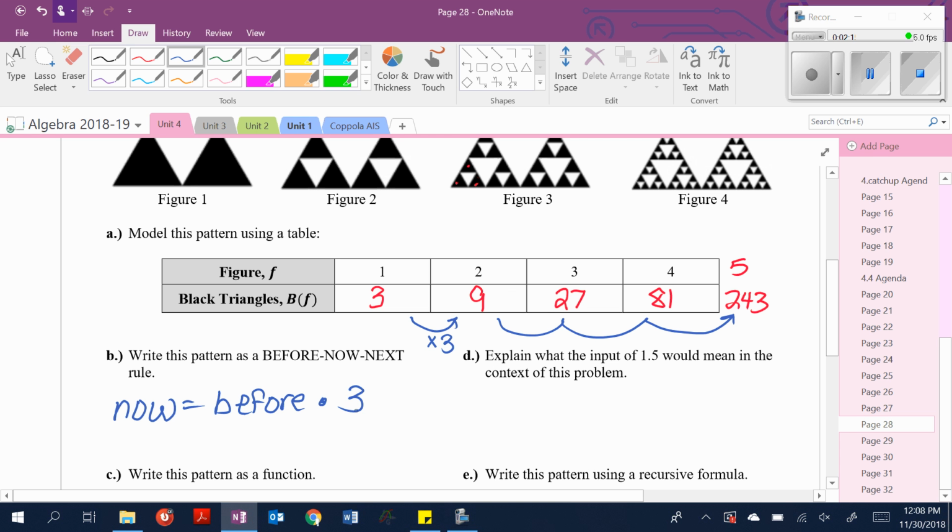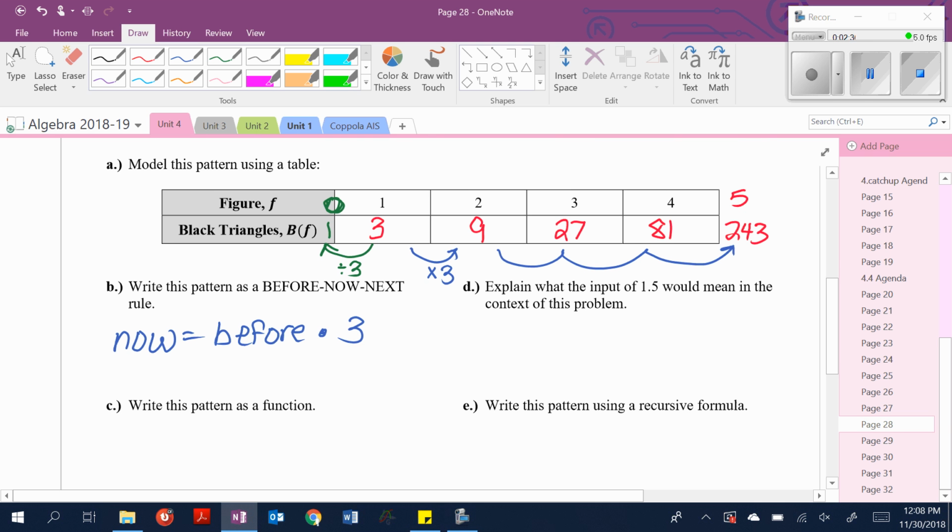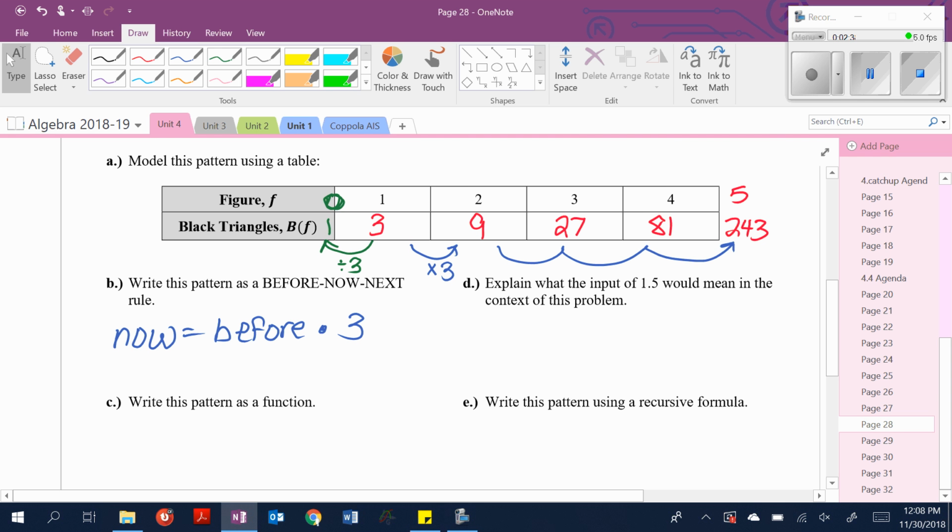Okay, now when we write it as a function, we always need to find the y-intercept, which is hiding in our table. So how are we going to get that y-intercept? Yes, divide by 3. So we're just following that pattern backwards. 3 divided by 3 is 1. So in order to get a function, in this case it's b of f, we're going to be careful with our notation.